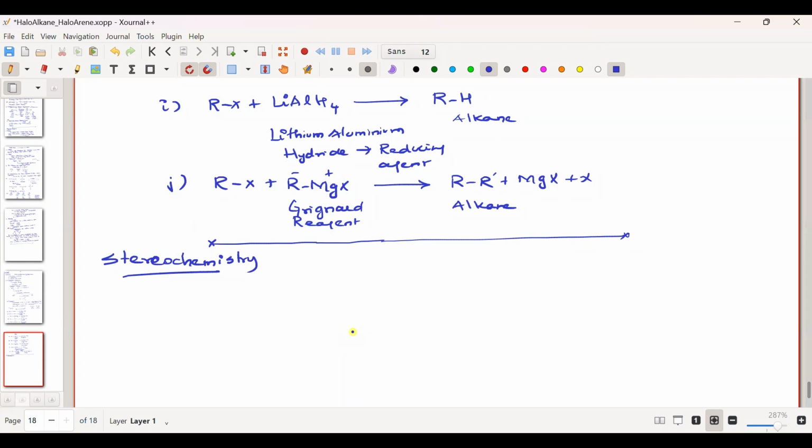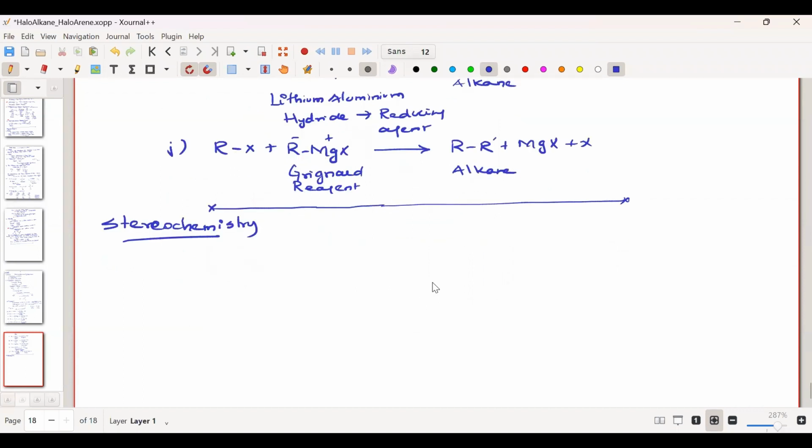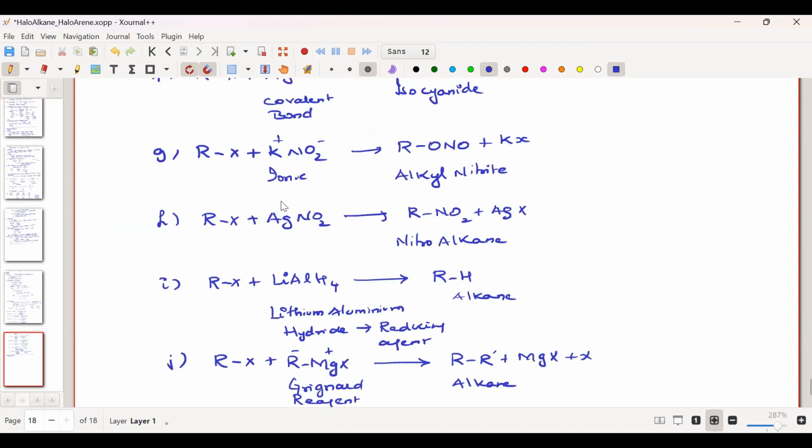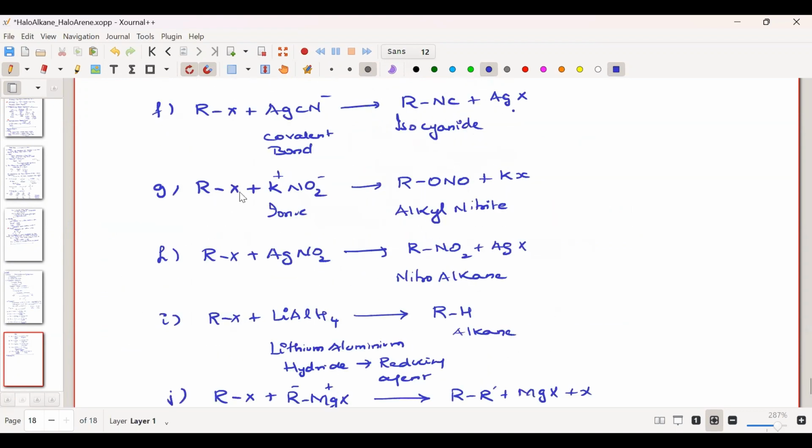Okay. So before that, in the nucleophilic reactions, SN2 reactions, we are going to look at some stereochemical things here. The first one, these are all the main reactions. You take RX, you give a nucleophile, it is going to get substituted.